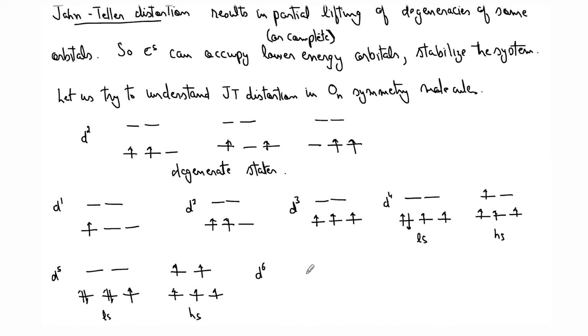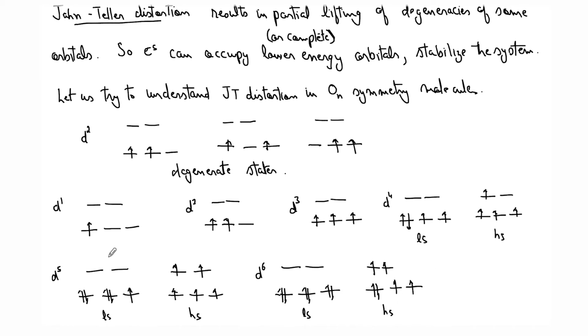Okay, D6. So D6 can also undergo low spin, high spin. So let us first draw the low spin. So you have high spin, right?